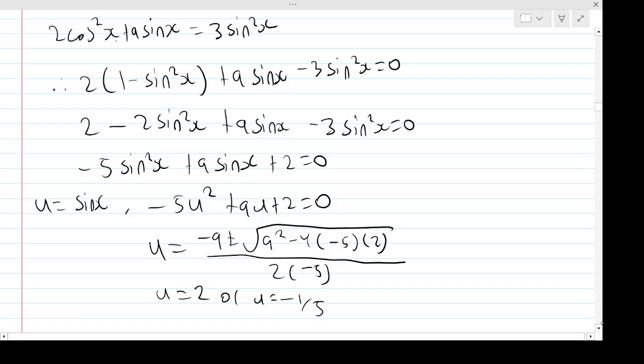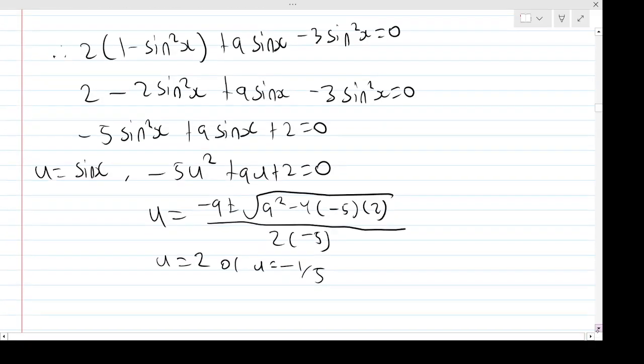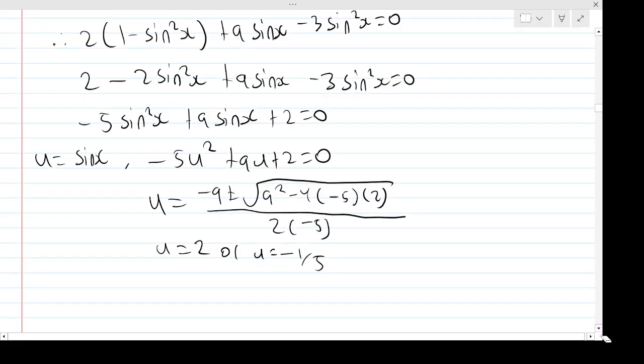But of course, originally we have sine x, not u. So we can use the substitution we made to convert back into sine x. So if u is 2, therefore sine x is 2, or sine x is minus a fifth.